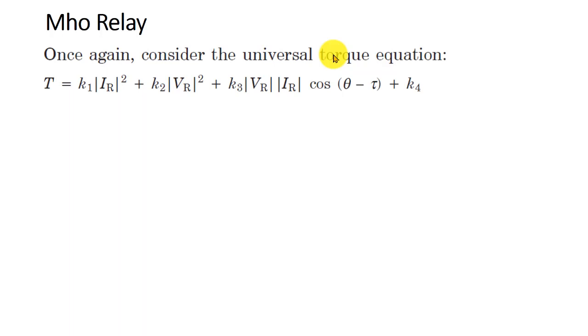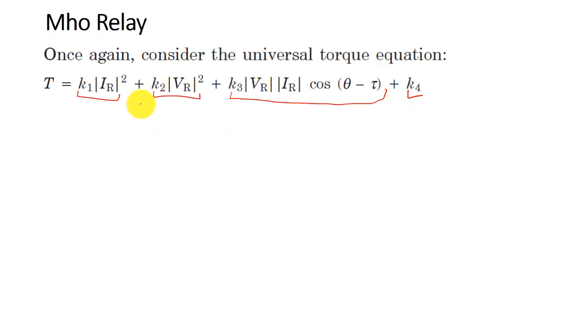This is the universal torque equation: k1 Ir squared plus k2 Vr squared plus k3 Vr Ir cos theta minus tau plus k4. The first term is the torque due to current, the second is due to voltage, the third is due to the directional element, and k4 is due to the spring.